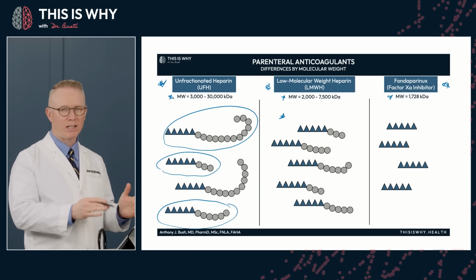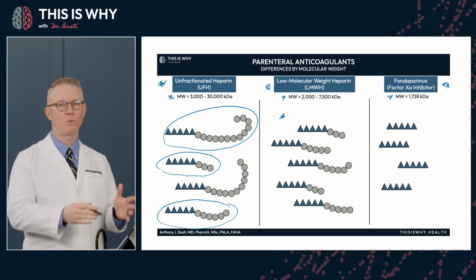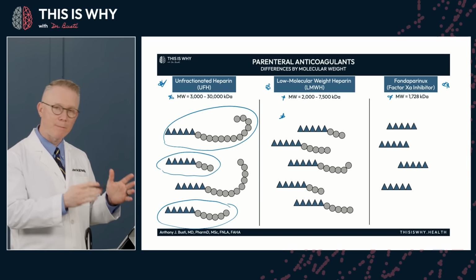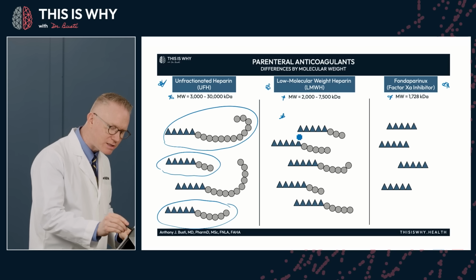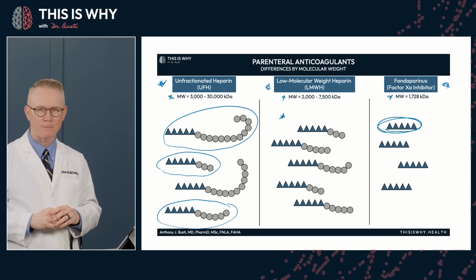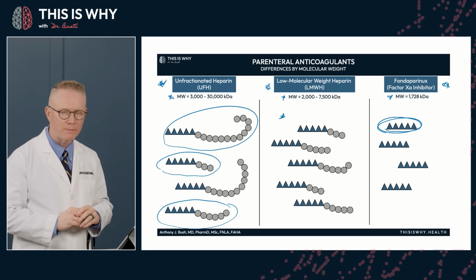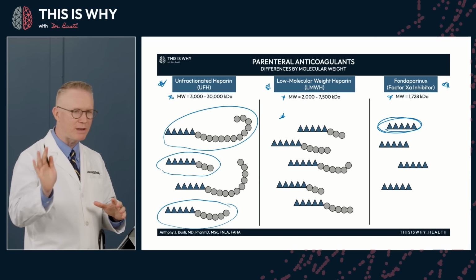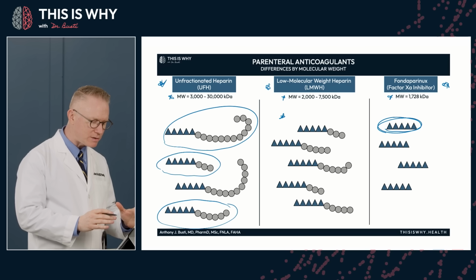You need antithrombin, which is endogenously made in the body, in order for these drugs to work. And so when they bind to antithrombin, this section binds to the antithrombin and changes the shape of that antithrombin. We'll see that here in a minute. But before we jump into that, the size issue is relevant.